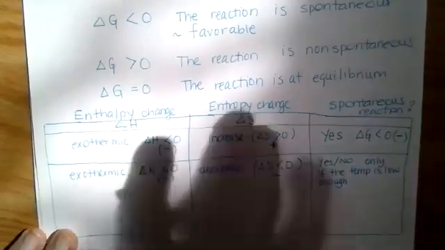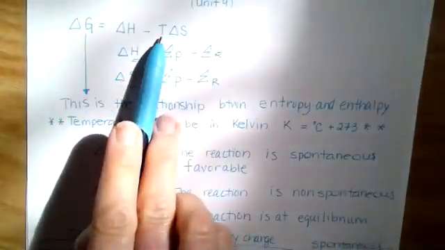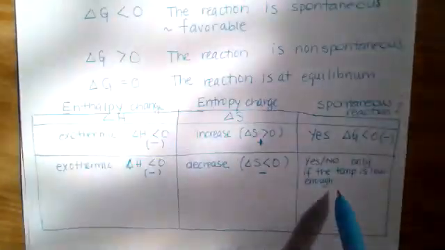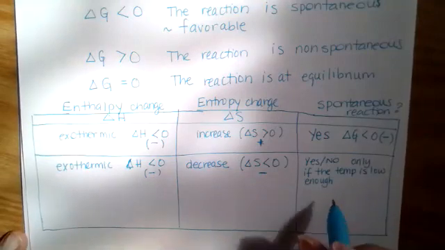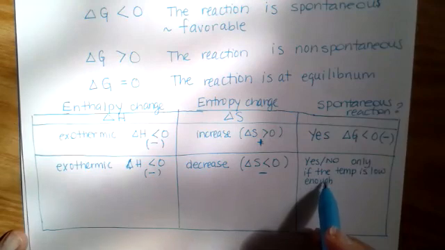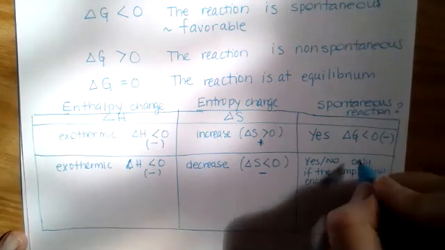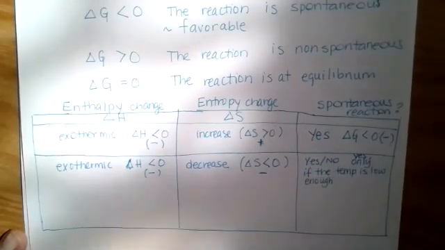Because as you plug it back into, let's go all the way up here, if it's low enough, we will still get a negative delta G, and we'll have it as a spontaneous reaction. Okay, so there is a scenario that could make it spontaneous only if the temperature is low enough.